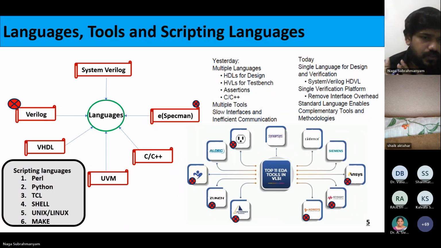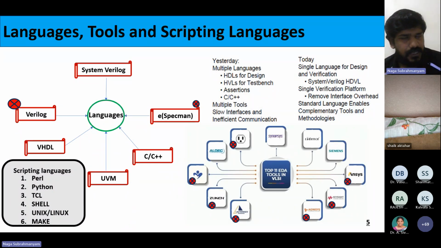Programming has two different aspects: one is object oriented, another one is aspect oriented. Currently the design verification world is object oriented programming only. Using that object oriented programming structure, they created a methodology called UVM, which is the Universal Verification Methodology. It's not a language.